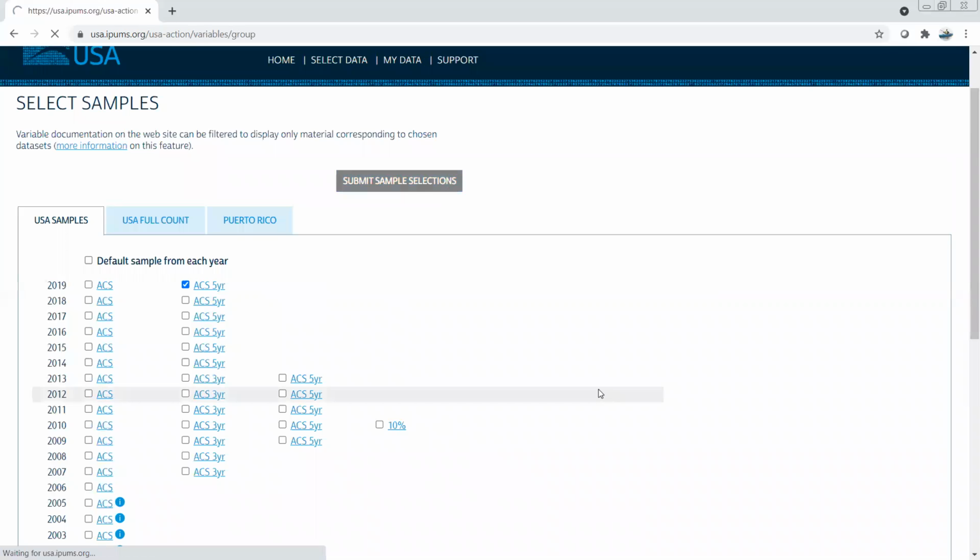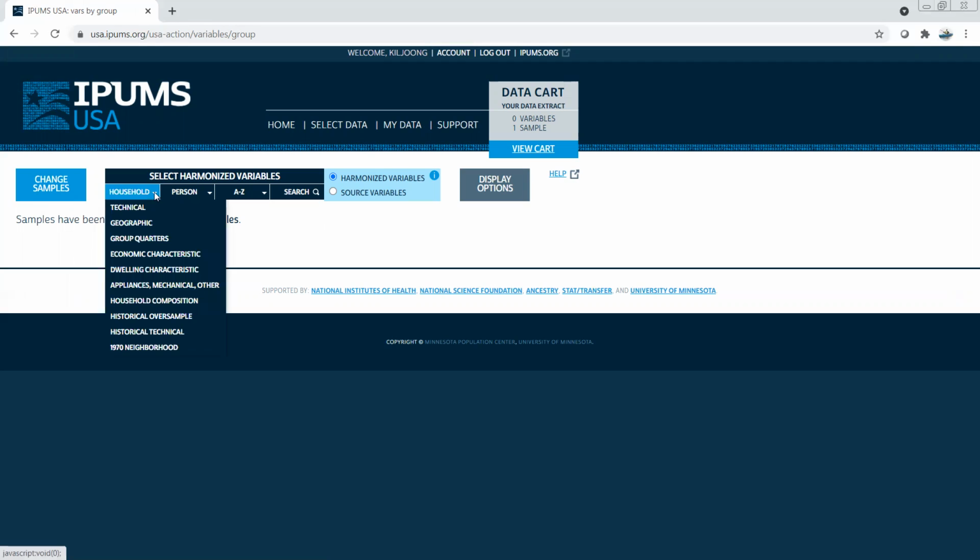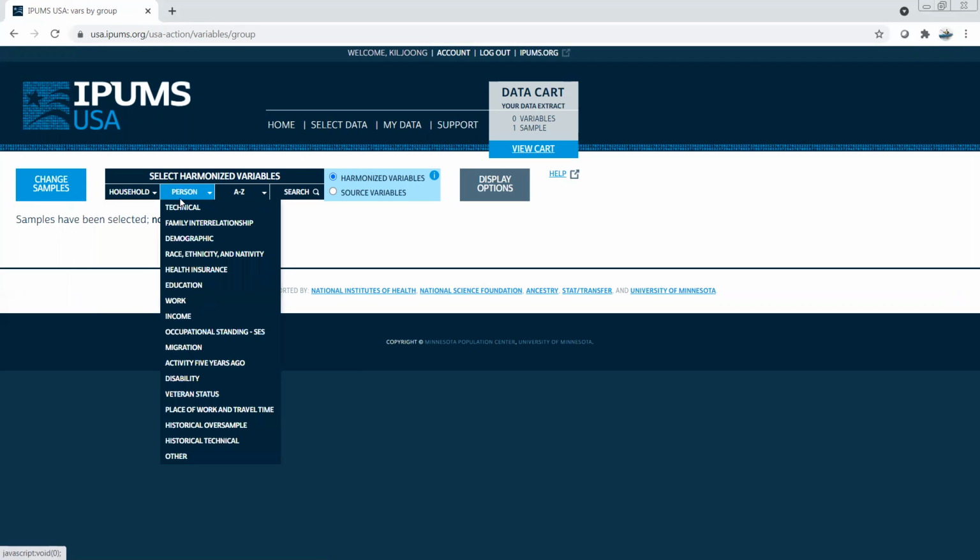Okay, so once you do that, one thing to remember is what we call unit of analysis, right? So you can either get the data at the household level and then at the person's level.